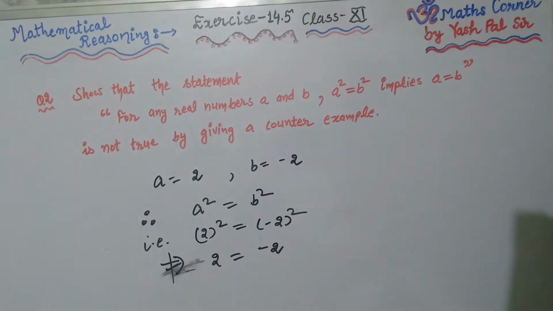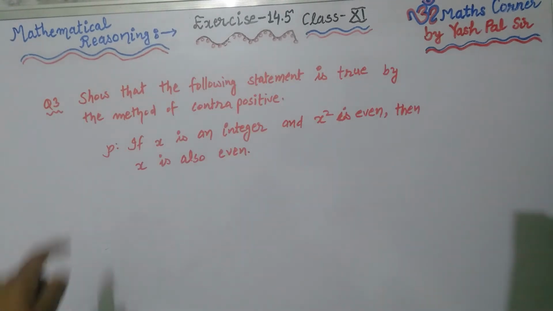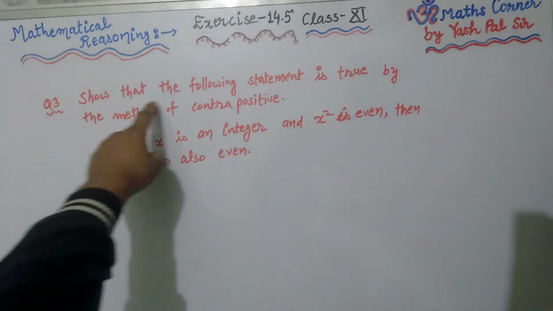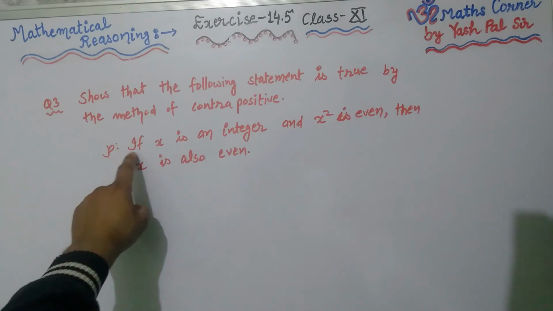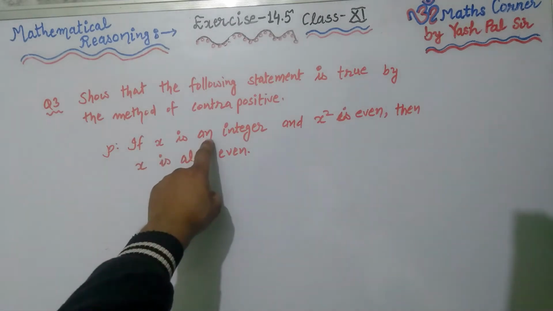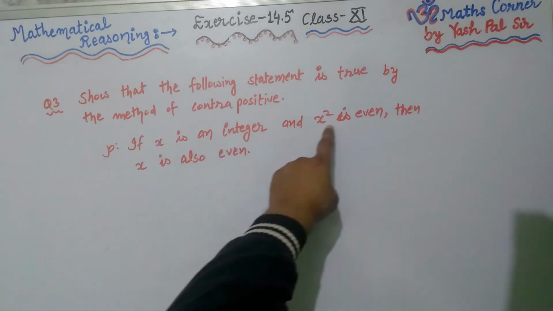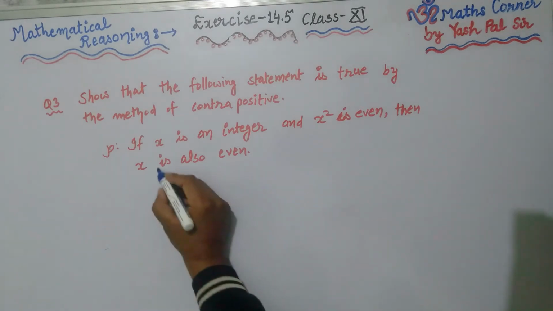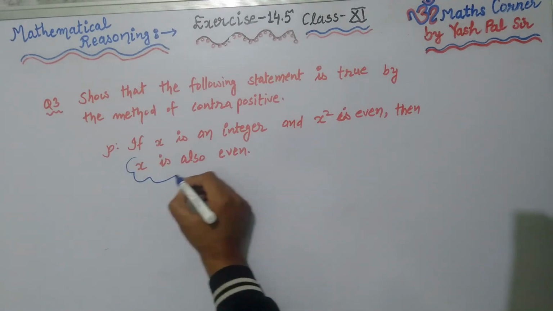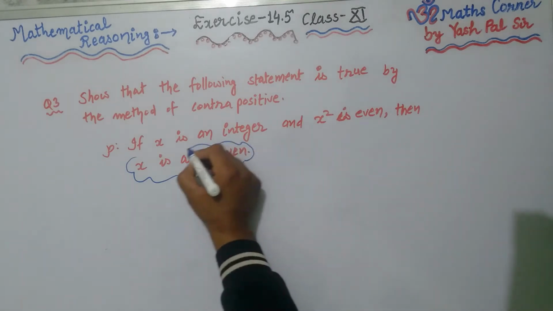Okay, now next question. Question number 3. Show that the following statement is true by the method of contrapositive. P is the statement: if x is an integer and x square is even, then x is also even. So first of all, this is the second statement: x is also even.